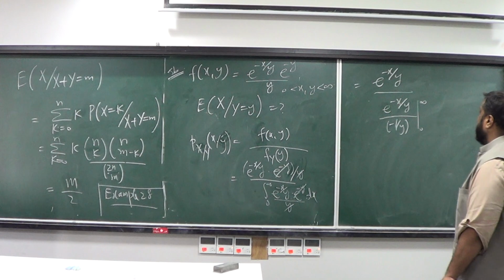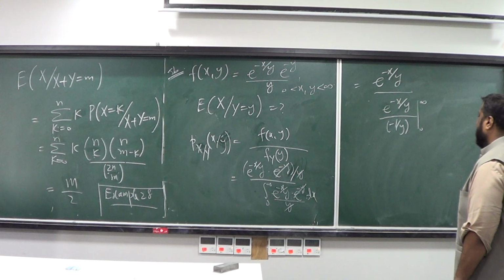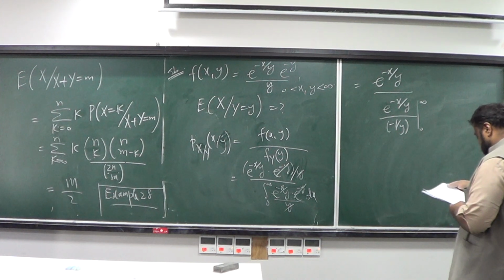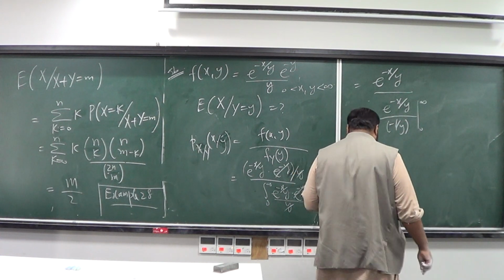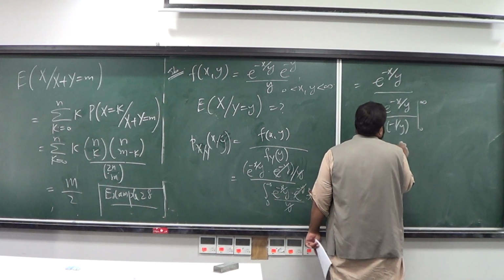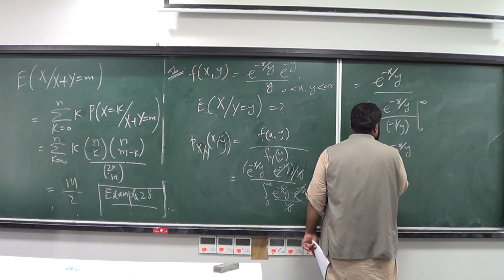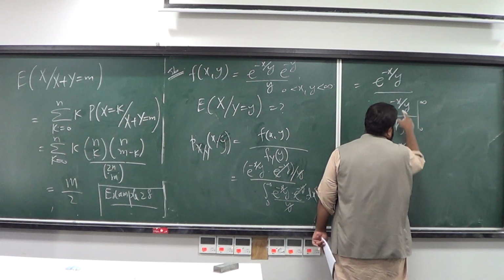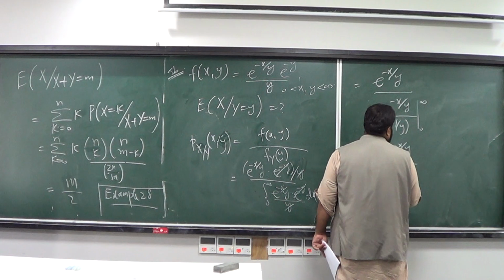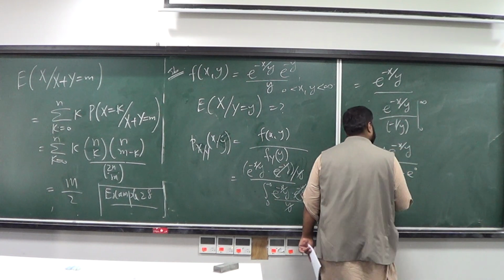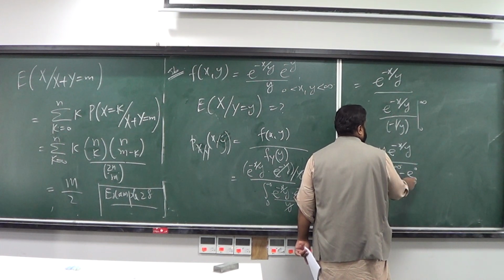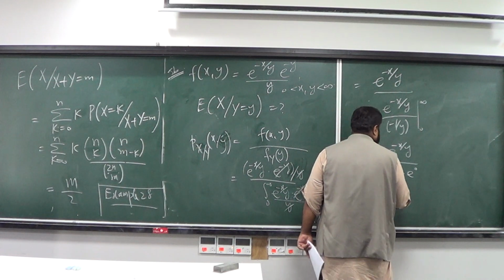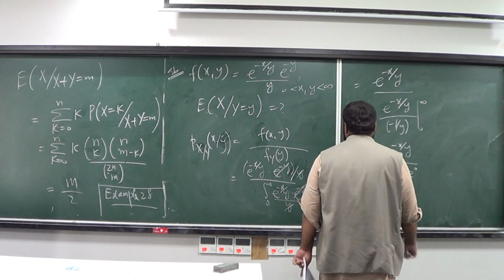Once you put the limits, this becomes minus y times e to the minus infinity minus e to the 0. This will become 0, this will become minus 1, so what you are going to get is y e to the minus x over y. So this is really the result.